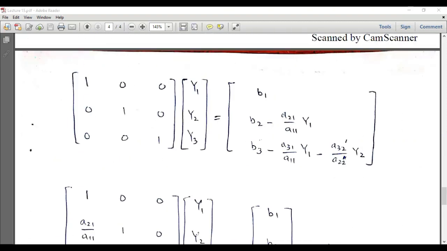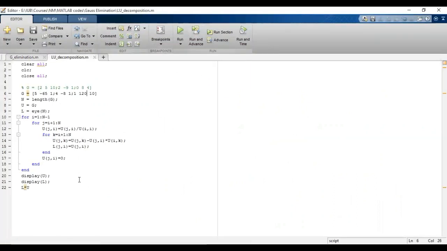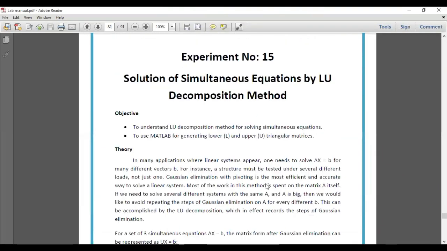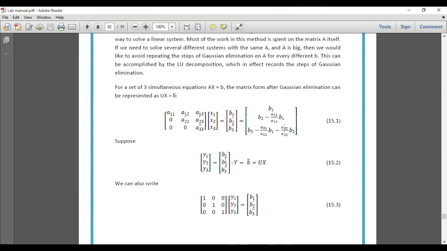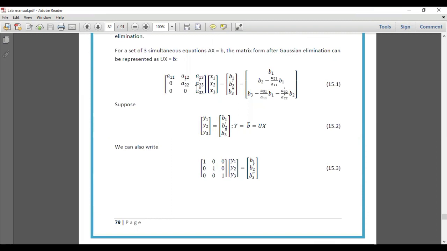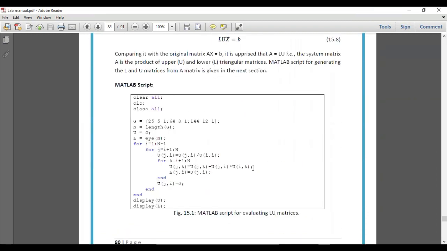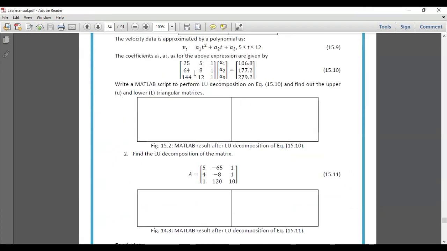And this whole procedure can be achieved by using this MATLAB script. And in this MATLAB script, you can see this is again the solution of simultaneous equations by LU decomposition method. And here these are all the same steps which I have just discussed, and this is the MATLAB code, and I can transform this matrix into L and U matrices.